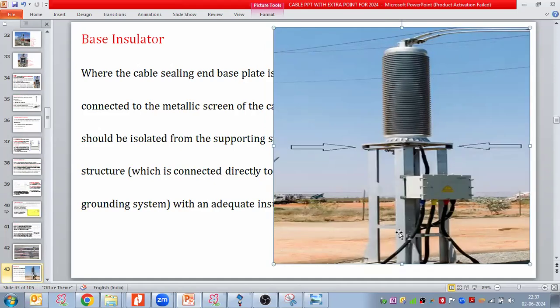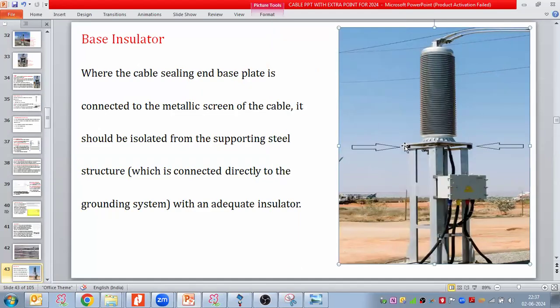Cable sealing end. The cable is coming, and here we have the overhead conductor. Right? This is the base insulator. When we are installing the cable sealing end, the base plate is connected to the metallic screen of the cable.